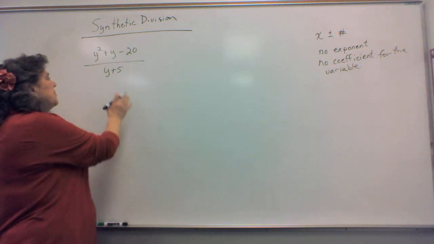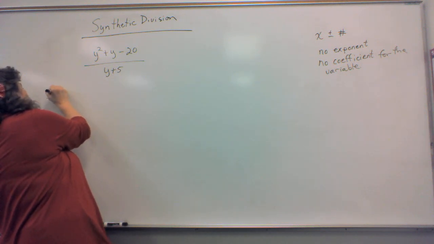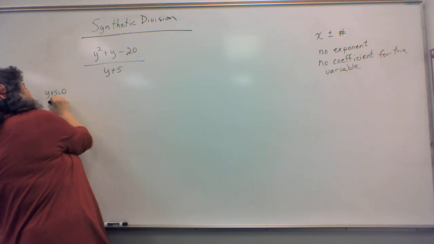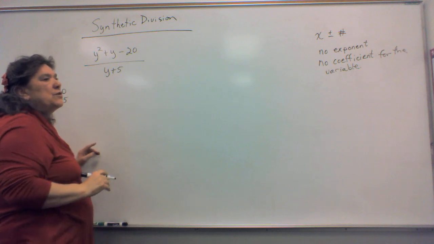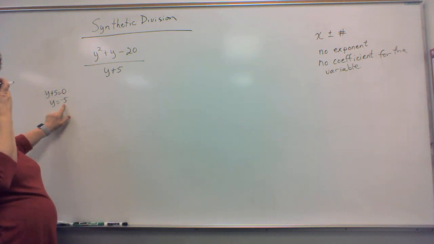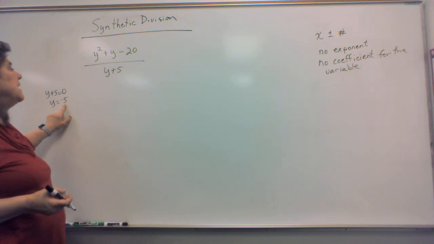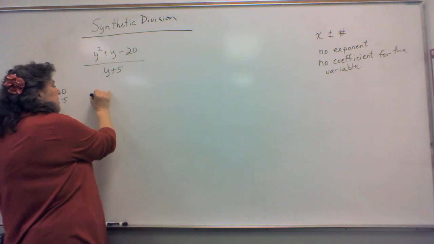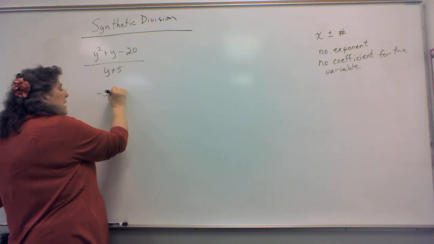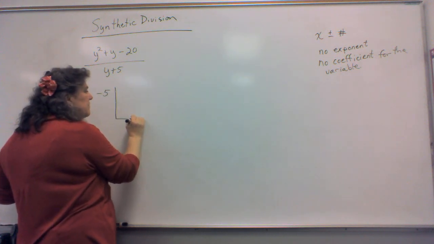The first thing we do is put y plus 5 equal to 0 and solve for it, so y is equal to negative 5. So the number we're actually going to use for the synthetic division is in essence the opposite of what you see here. So this will be negative 5.